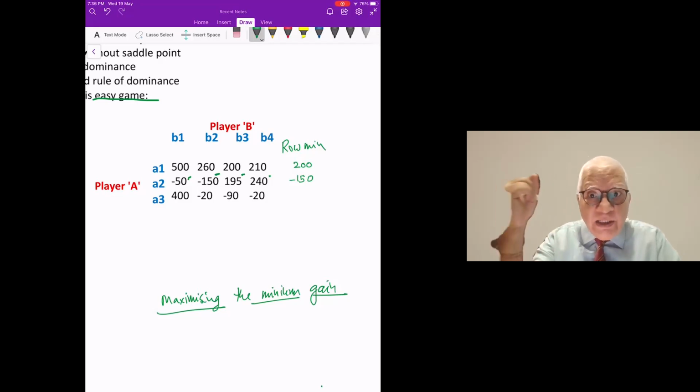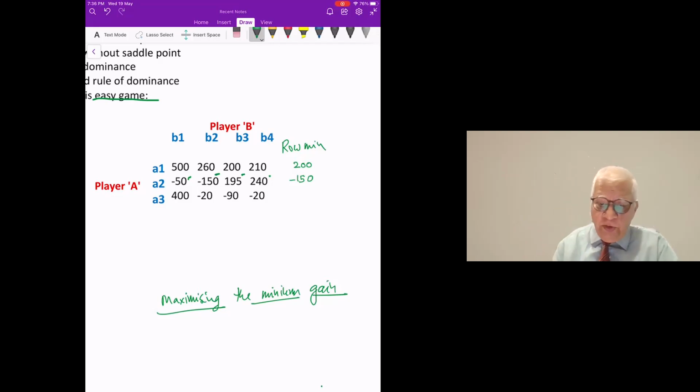That means B gains 150, and I, as player A, lose 150. Now, if I play strategy A3, the numbers in the A3 row are 400, minus 20, minus 90, and minus 20. Out of this, the lowest number is minus 90. So if I play strategy A3, the minimum gain is minus 90.